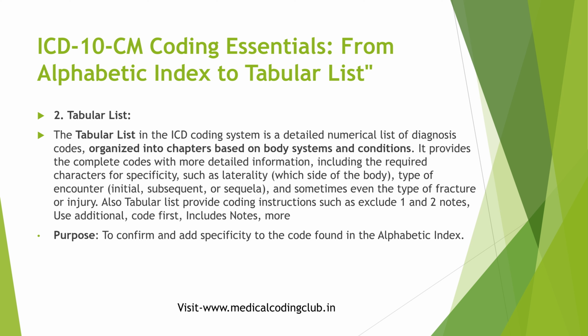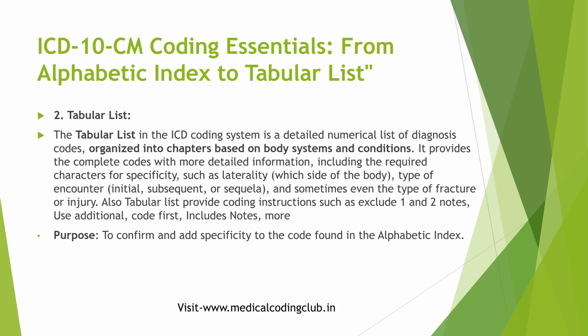It also gives you coding instructions, like the Excludes 1 notes and Excludes 2 notes under that diagnosis code, and whether that condition requires a use additional code note to explain the severity, or a code first note for another condition. All the instructions will be there in the tabular list.